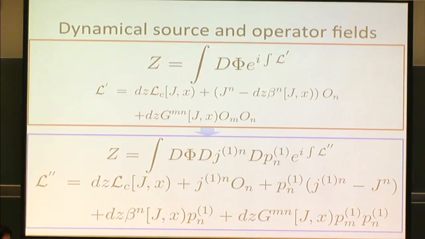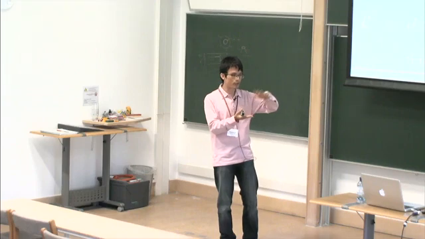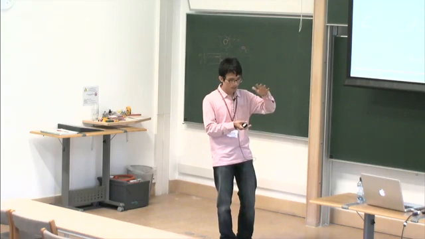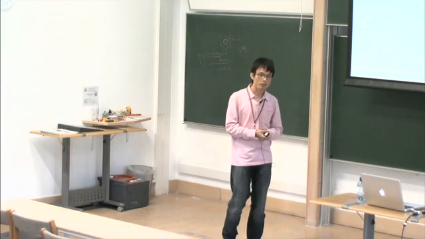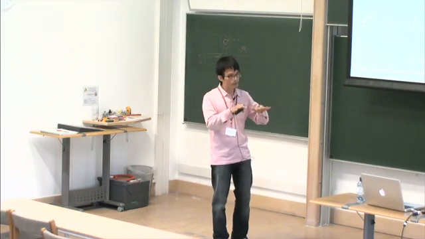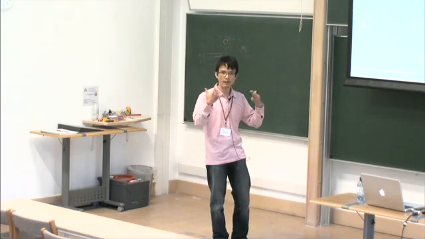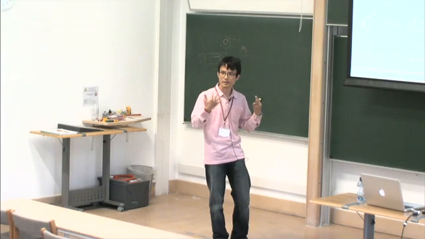Physically, what happens is that in RG you divide your modes into high energy modes and low energy modes. These high energy modes have non-trivial fluctuations, and from the point of view of the low energy modes, these fluctuations of the high energy modes act like a dynamical source.